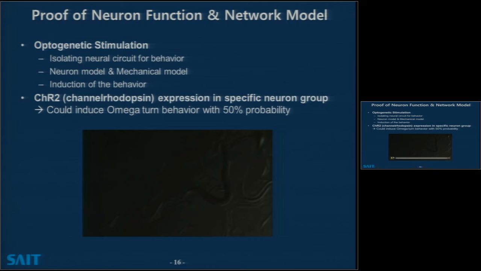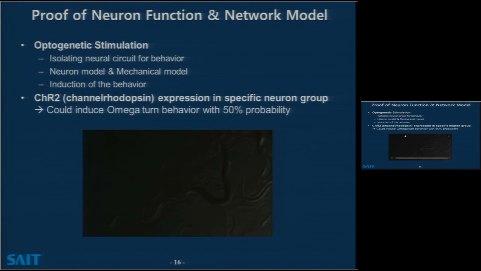It's a change of some gene, to get a stimulus by light. So you can see when there is a light stimulus, it activates this omega turn. It's going backward.